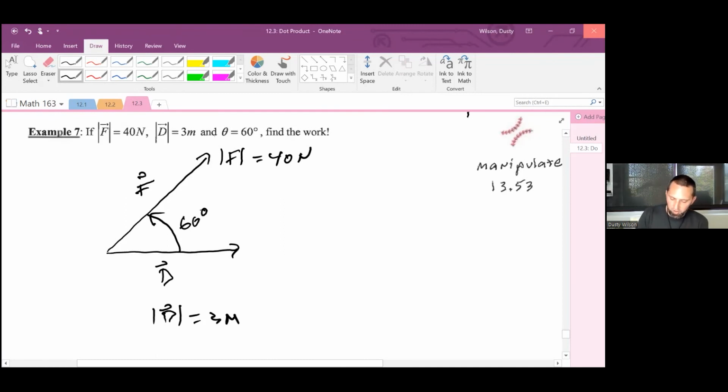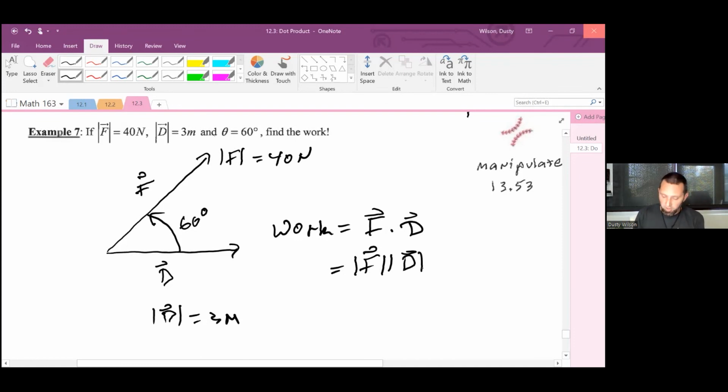And so the work is going to equal F dot D, or magnitude of F times the magnitude of D times the cosine of theta.